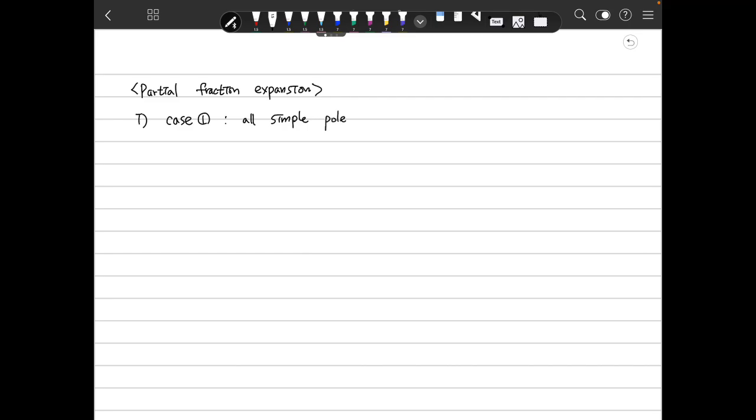A simple pole means the poles are all distinct real numbers. So F(s) will be represented in this simple way: r1/(s - p1) + r2/(s - p2) + ... + rn/(s - pn). I'm sorry, with minus.